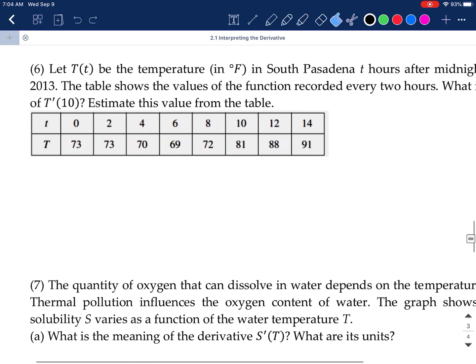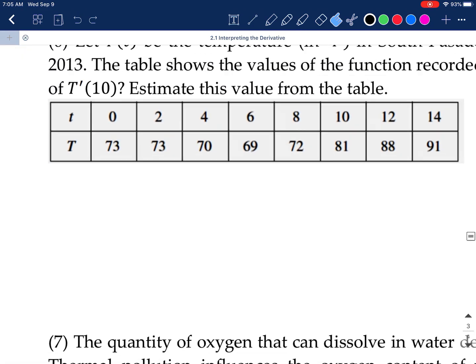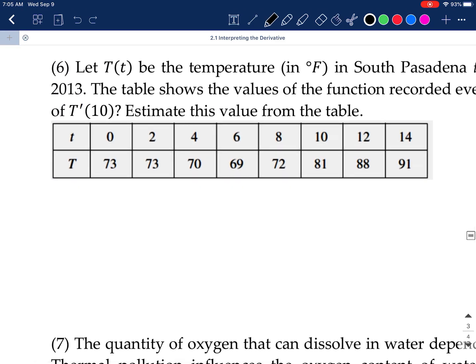So what is the meaning of T prime of 10? Again, let's think of our units, right? So T prime of t, which is dT over dt.